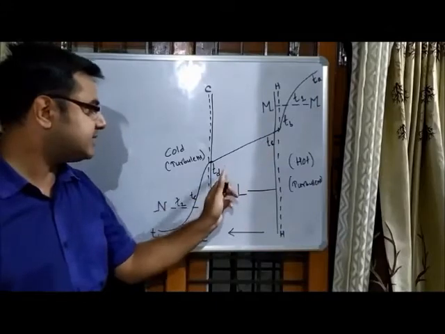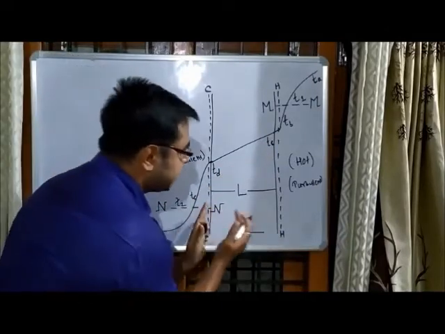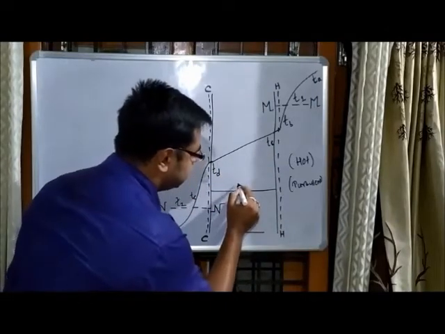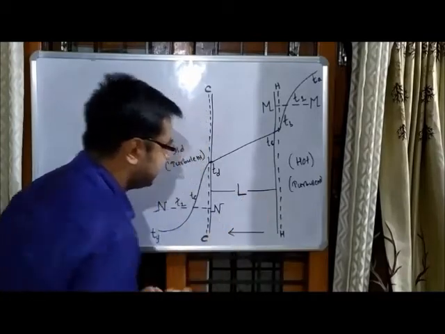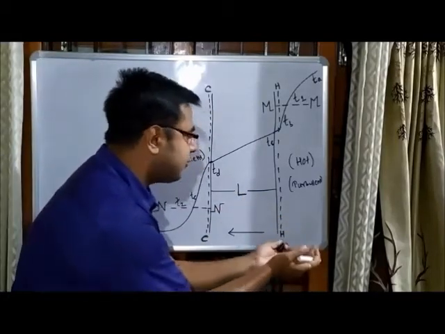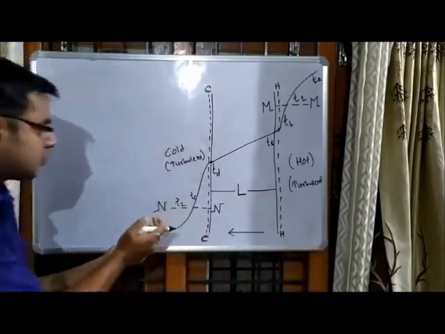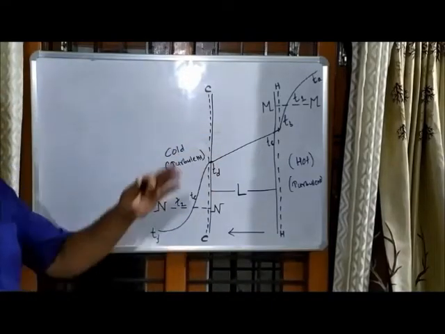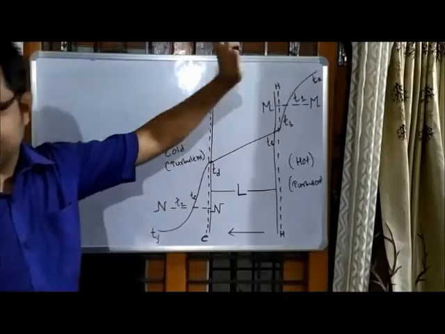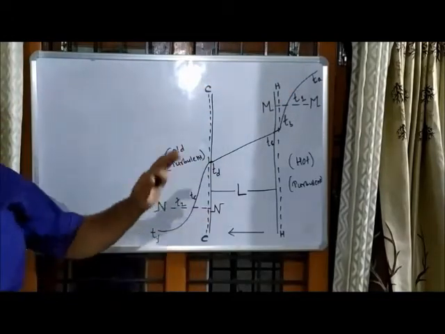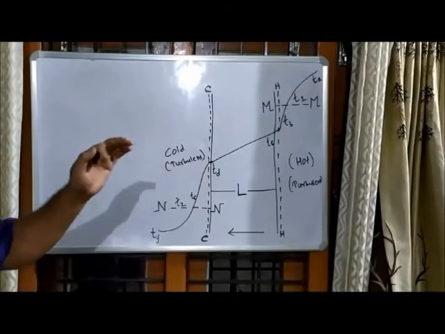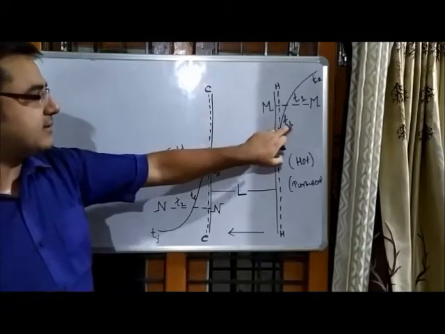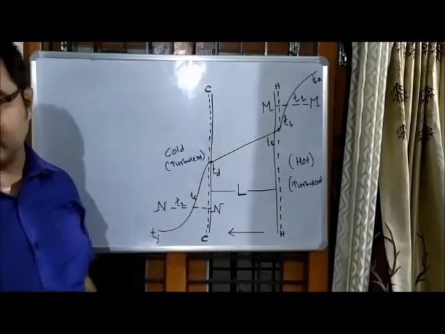The length, or you can say the diameter of the pipe, let it be L. Now the heat will be flowing from this hotter side to the colder side. So TA is the maximum temperature of the hotter side. Now TB is the temperature at the boundary on the hotter side.